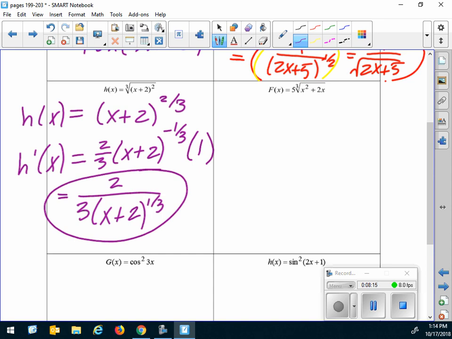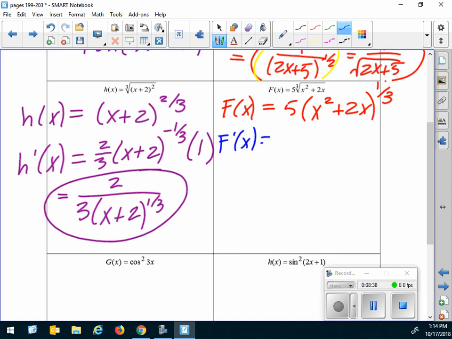All right, let's look at big F here. Again, we're going to do a rewrite. How does that rewrite? What am I going to do with that 5?